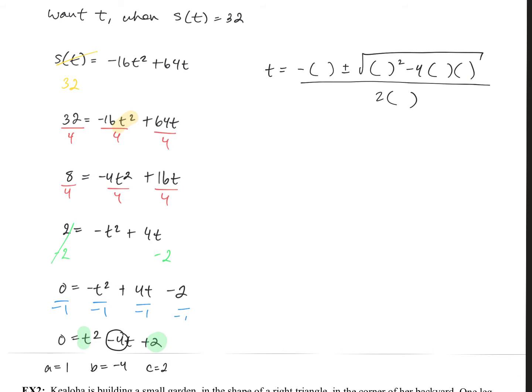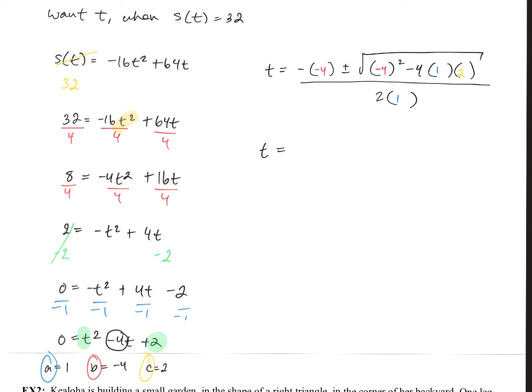So negative b, so that's negative negative 4. Let me color code these. So negative negative 4 plus or minus the square root of b squared, so negative 4 squared, minus 4ac, all over 2a.